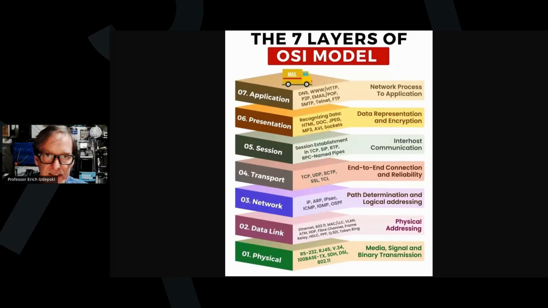ICMP. That's a fancy name for ping. Ping is a layer 3 protocol. IGMP and OSPF. These have to do with routing. Routers have their own special protocols.